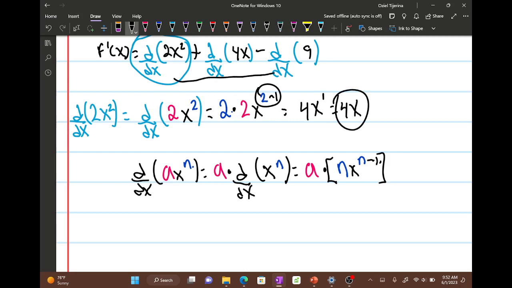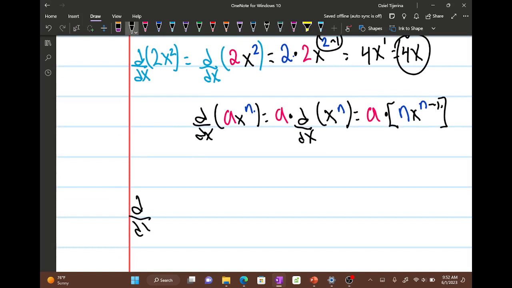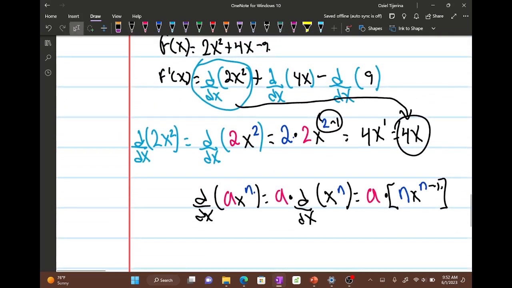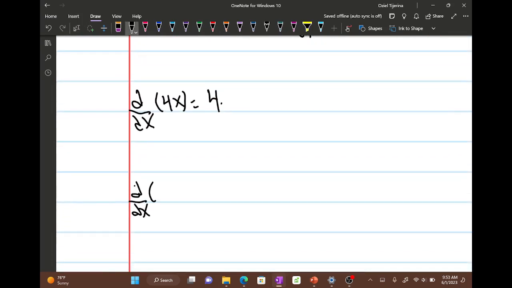That's the derivative of this, right? And then d dx of 4x is just 4, because that's the slope of 4x. And finally, the derivative of 9 is just 0, because it's a constant.